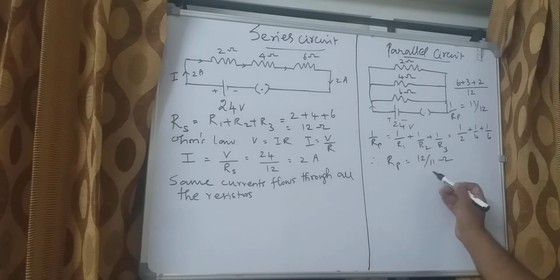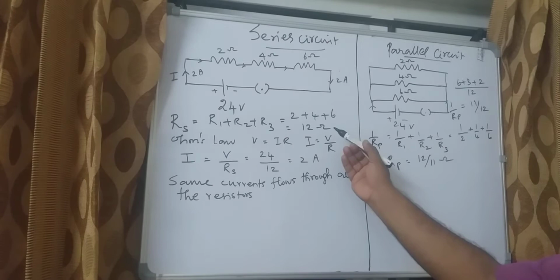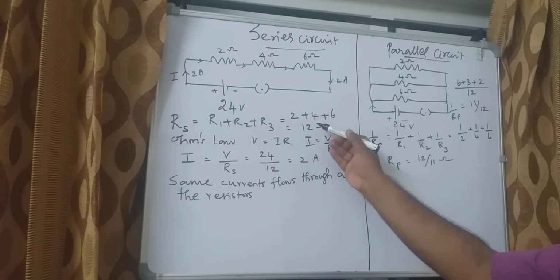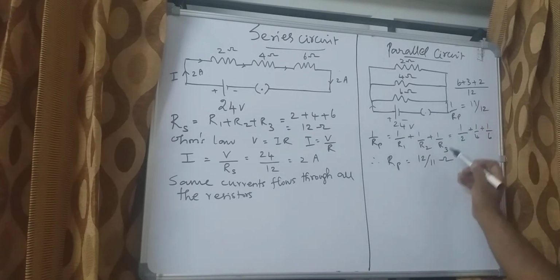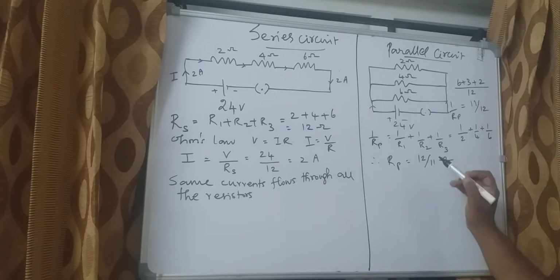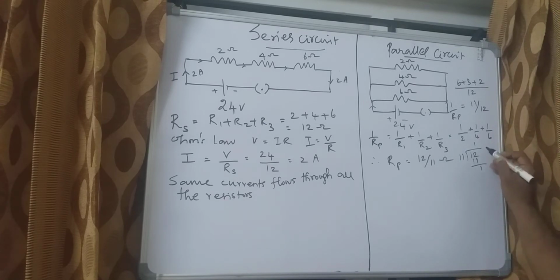This is a very small resistance when compared to the resistance here. Here it is 12 ohm, the total resistance of the circuit, whereas here it is 12 divided by 11 ohm. So when we divide 12 by 11, 11 ones are 11, 1, okay.